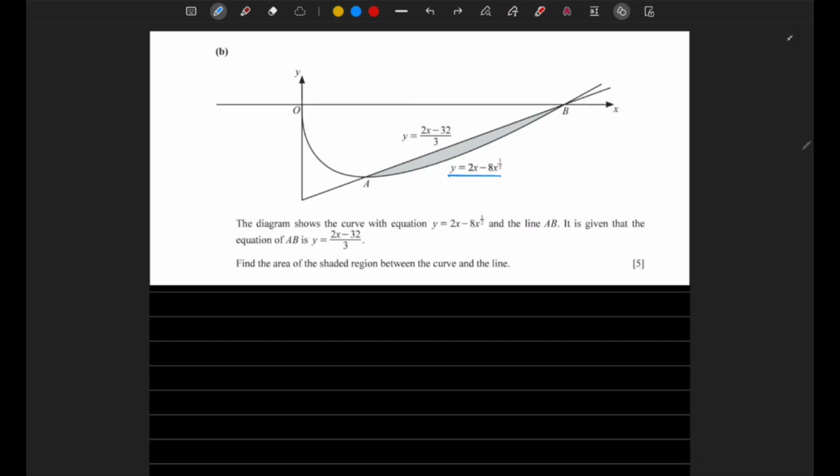This is the actual curve. We made an assumed curve by ourselves. This is the actual curve of y equals 2x minus 8x to the power 1 over 2. And there is a line AB, and it is given that the equation of the line is this. So this is the equation of the line.